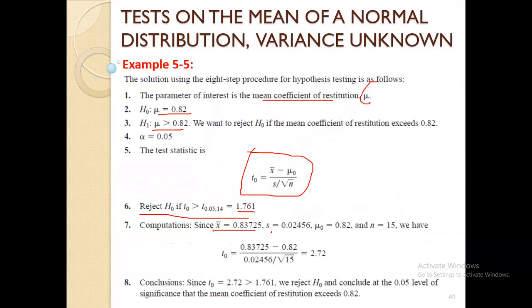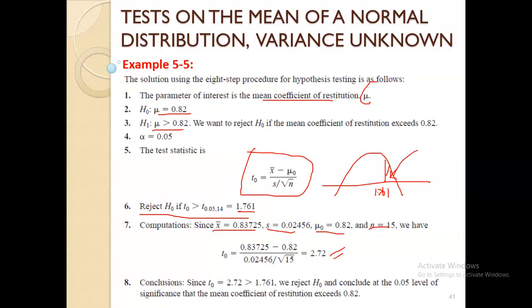You know X bar, you know S, and mu 0 is the hypothesis mean 0.82. With n equal to 15, you get 2.72. The rejection region is above 1.761, and because 2.72 is in this region, it's rejected.